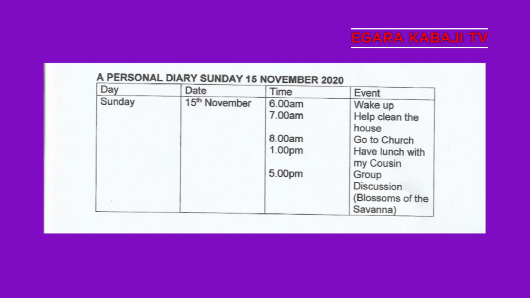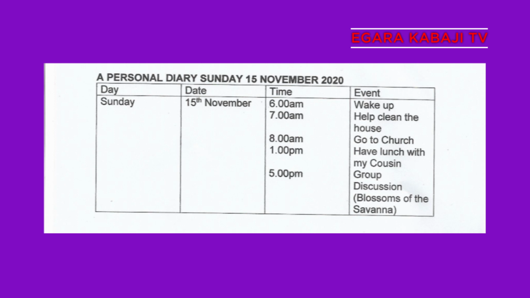At 8 a.m. it is indicated that he or she will go to church, and at 1 p.m. you can also see that he will have lunch with a cousin. And at 5 p.m., he or she will have a group discussion on the novel entitled Blossoms of the Savannah. It is important for you to take note of those very important aspects of the personal diary.